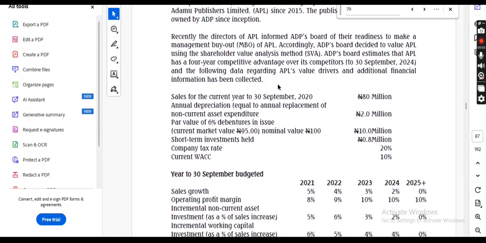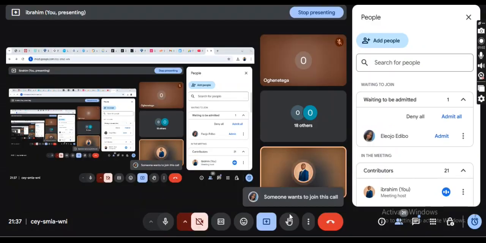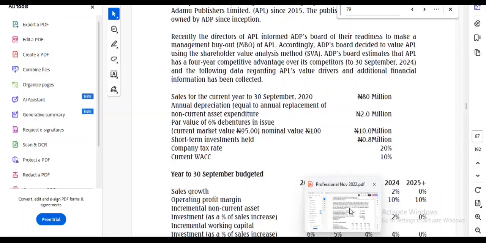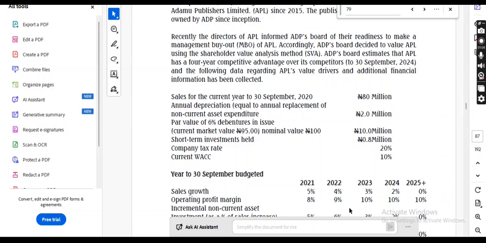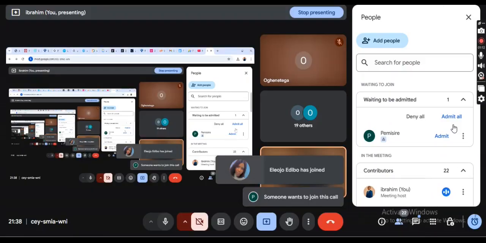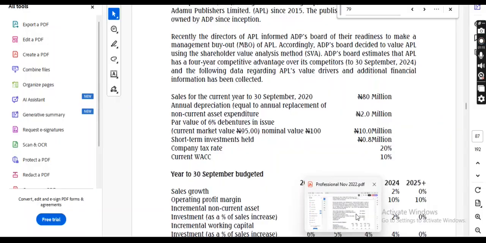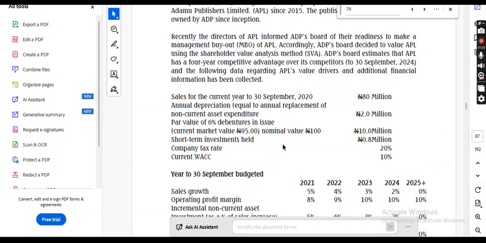Then annual depreciation equals the annual replacement of non-current asset expenditure. What does that mean? It means that the figure given to us as annual depreciation will still be the same figure for replacement of non-current assets. That is what it means, class.